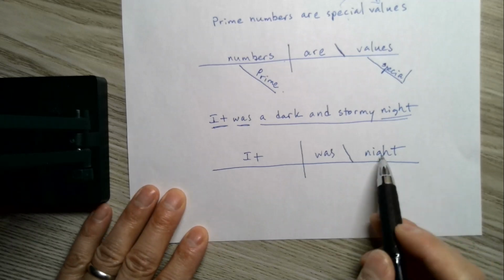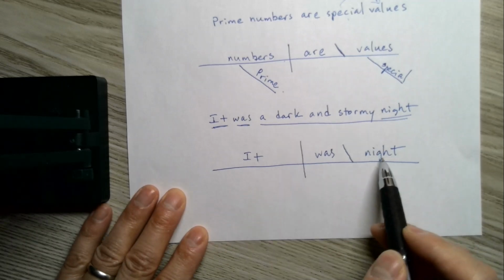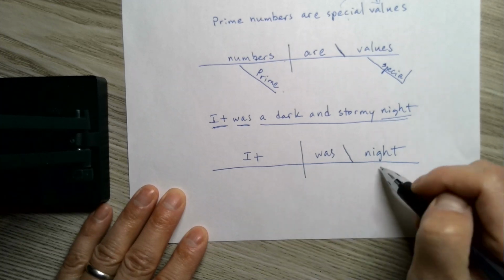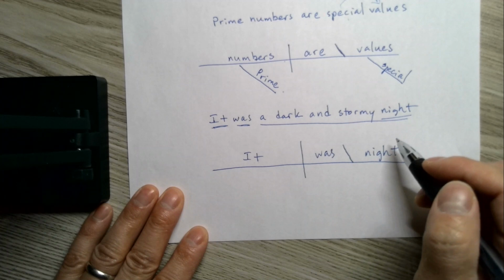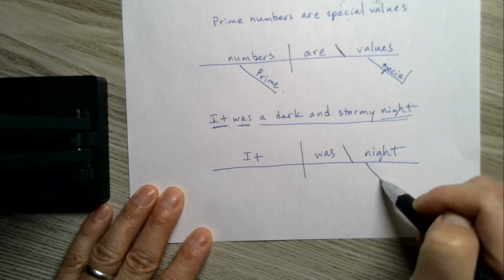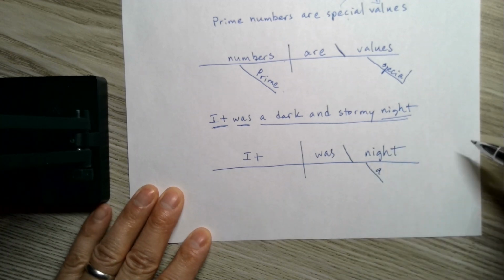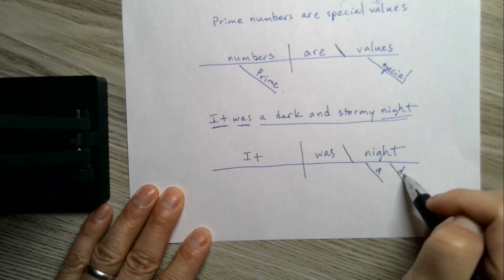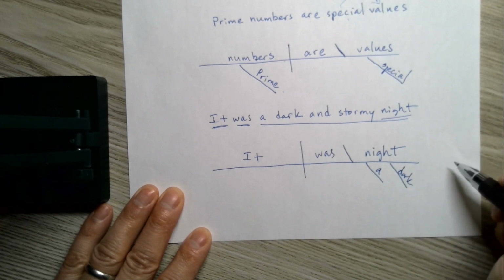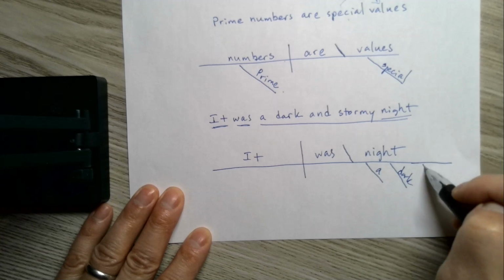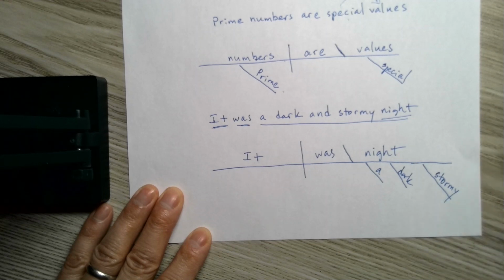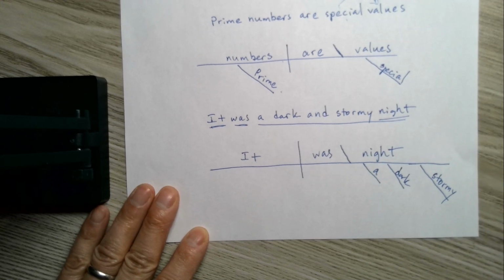If I put dark there instead, it kind of changes the meaning. Okay, and now we've got a. It was a night. It was a dark night. It was a dark, stormy night.